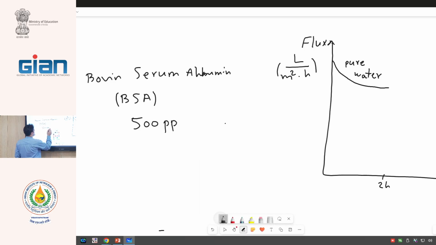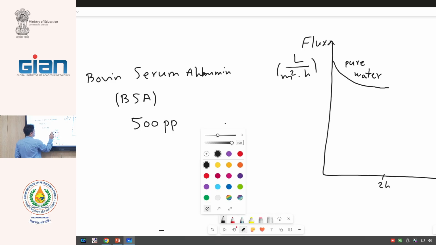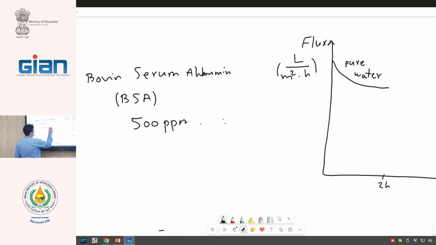What happens? With this concentration, when we put the BSA in the dead-end cell or cross-flow cell, BSA attaches to the membrane surface and reduces the flux. We have this rapid reduction.